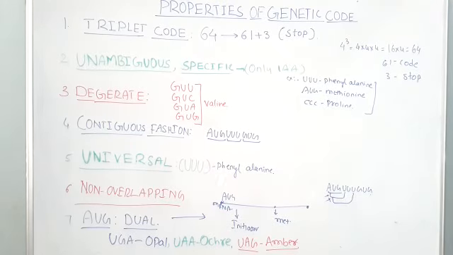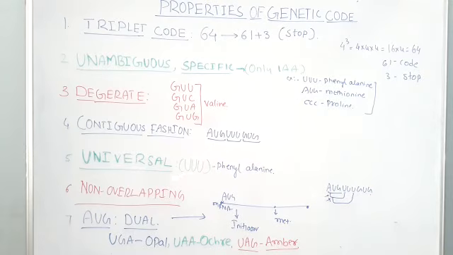If the phenylalanine is coded by UUU in bacteria, the same UUU will be coded for phenylalanine in human also. In prokaryotes also, in eukaryotes also, there is no change. The same triplet code will be coding for the particular amino acid, phenylalanine. Understand? So there is no difference in prokaryote and eukaryote.